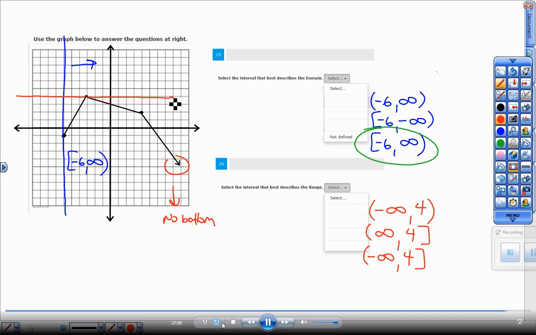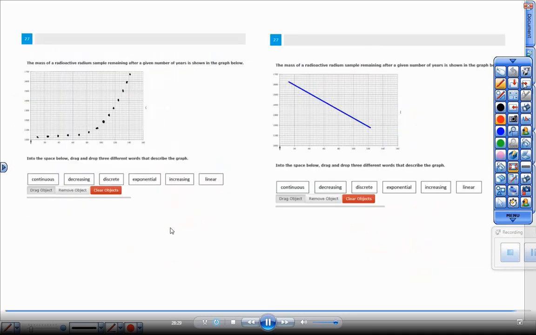This is going down. So negative infinity up to this square bracket component right here at 4 where the data is included. So that would match this negative infinity 4. Be careful for the distractor answers, bad answers. Close but rounded, close but wrong sign on infinity. Be careful.